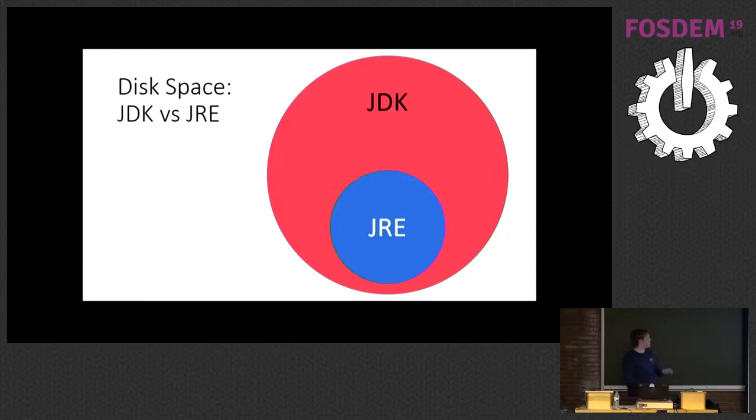In this case, we've got the JDK, which is your big package. It contains the Java runtime environment, which is everything you need to run your Java code. And it also contains everything else you might possibly need. It contains JShell, JLink. It contains the compiler. It contains a debugging tool, so on and so forth. It also contains the Javadoc tool, if anyone's tried using that.